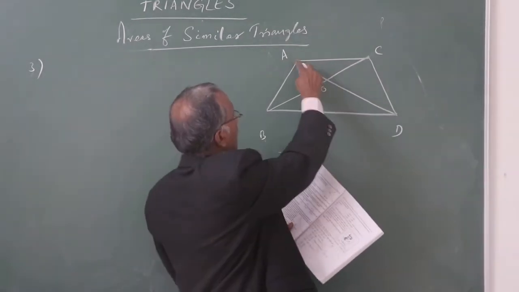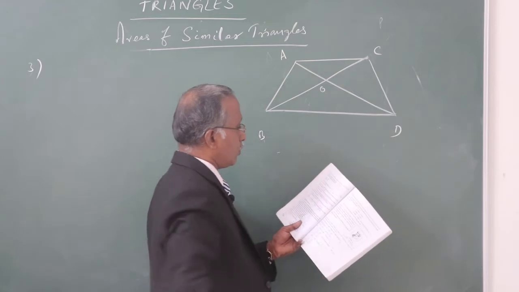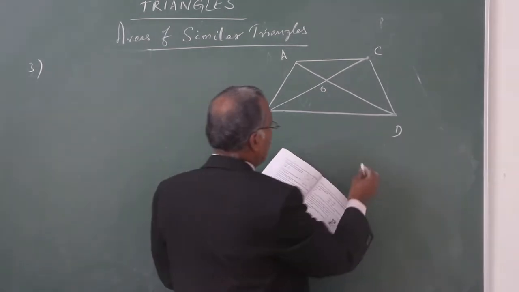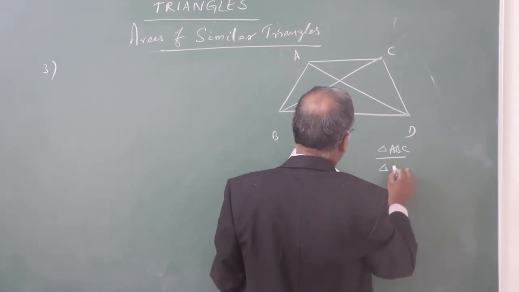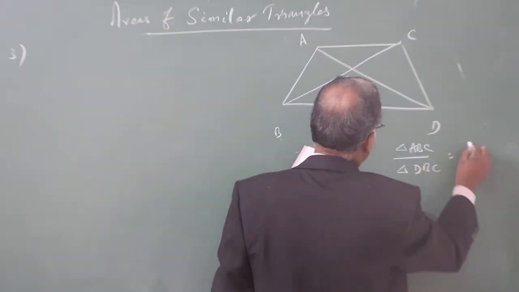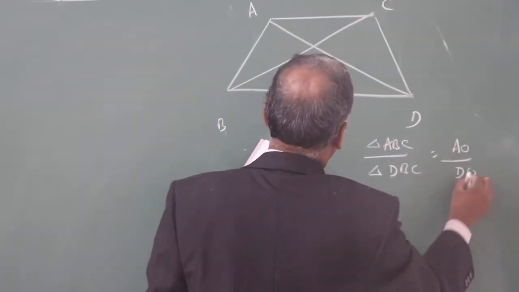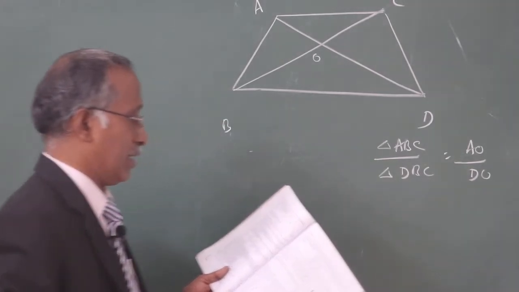If AD intersects BC at O, show that area of the triangle ABC by area of the triangle DBC is equal to AO by DO. That's what they have given.